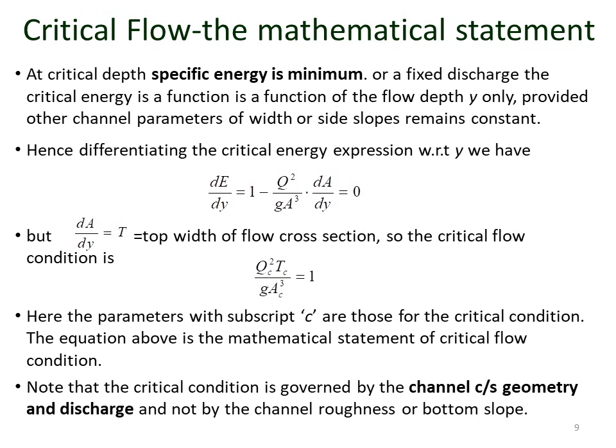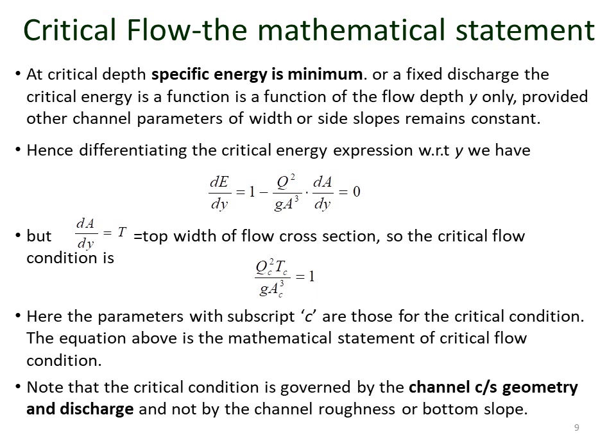So we can write the critical flow condition as Q_C square into T_C by g into A_C cube equals 1.